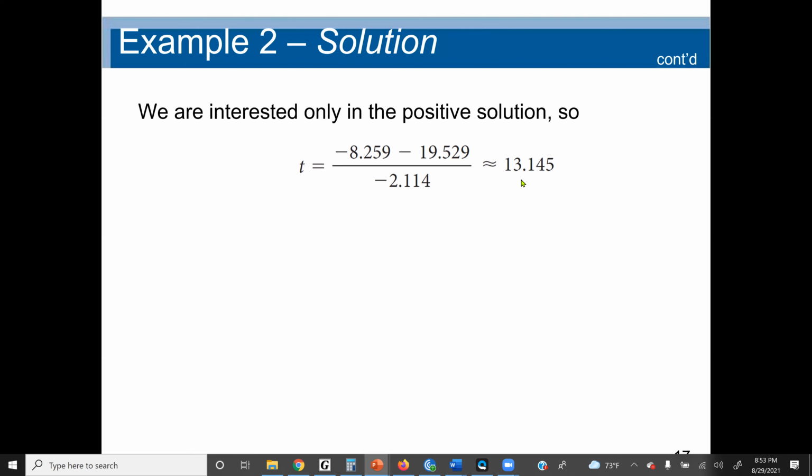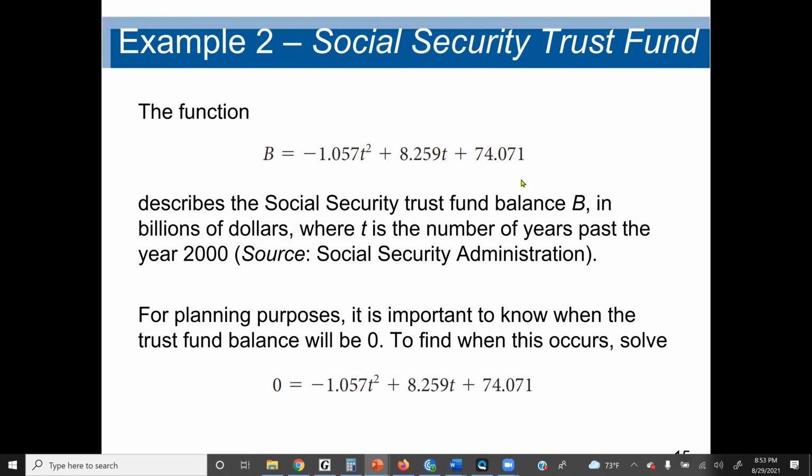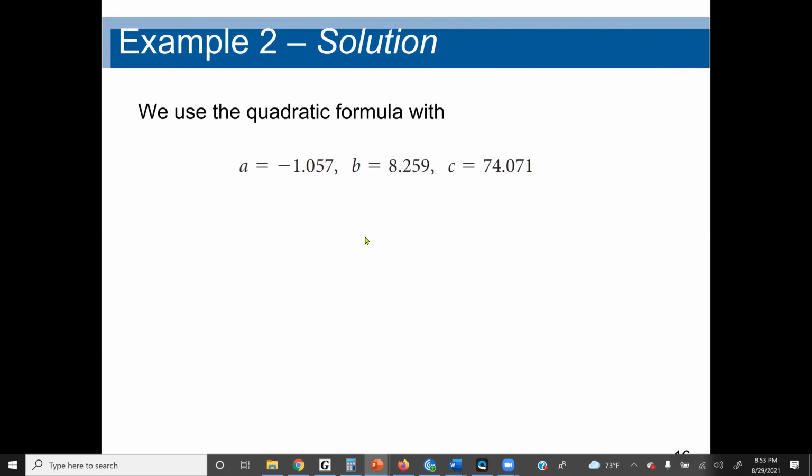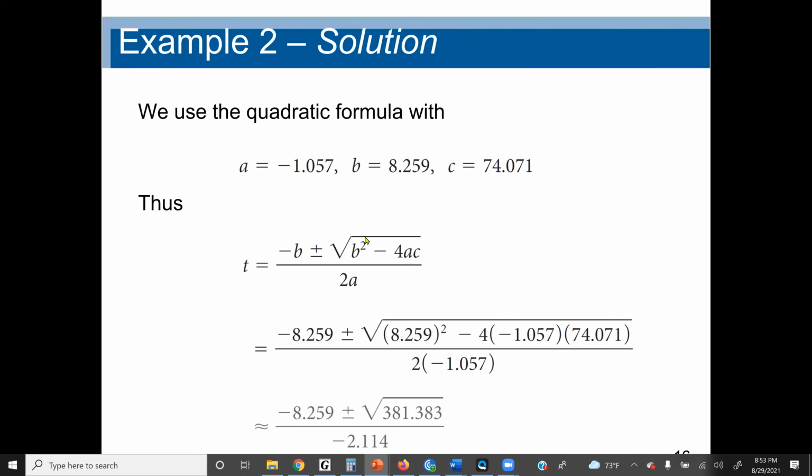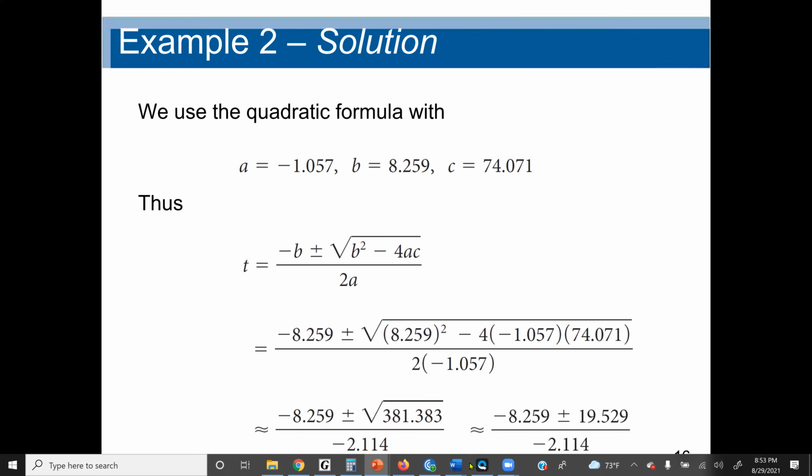This is an application problem, which is based on time. And we know time cannot be a negative value, because the question said this equation describes a Social Security Trust Fund balance B in billions of dollars, where t is the number of years. So t cannot be negative, and that's why here we ignore it. Again, the rule says that if the discriminant is greater than 0, in this case 381.383, we get two values.